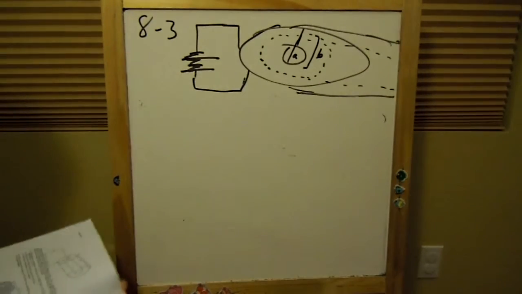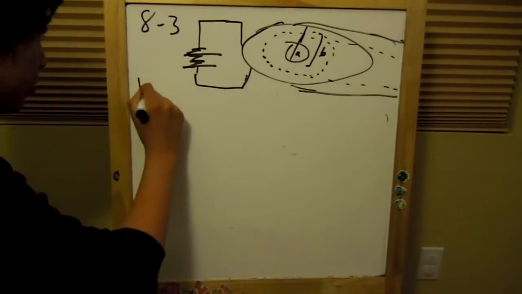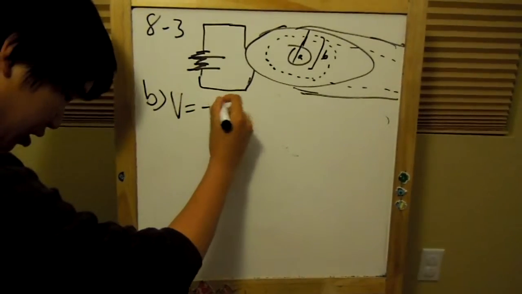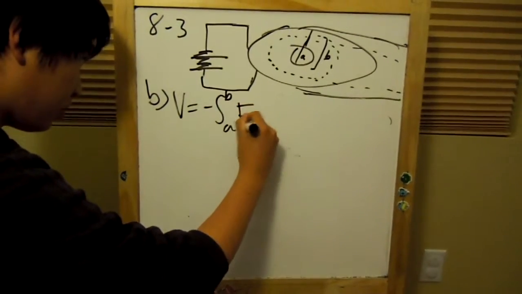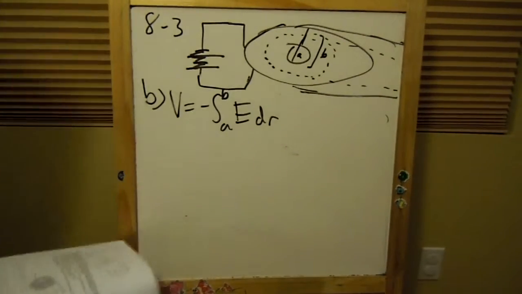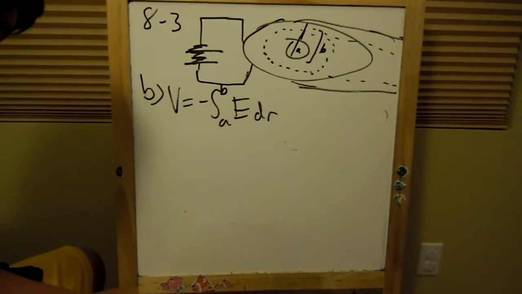Next part. The next part says determine the potential difference, or voltage. So the formula for voltage goes like negative the integral of E dr, and all we have to do for this is plug in our E from part A and then evaluate.